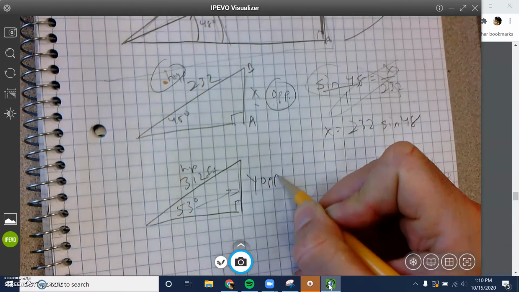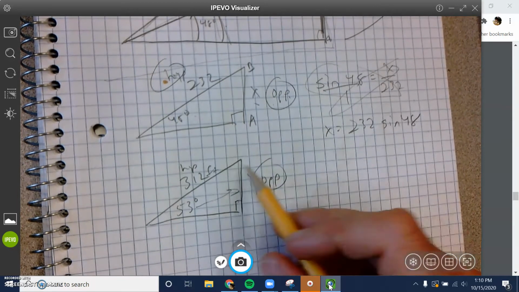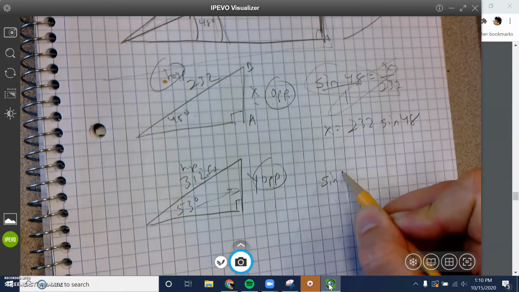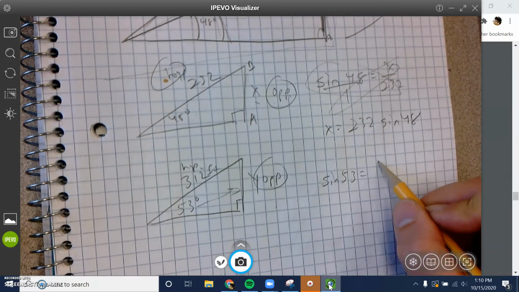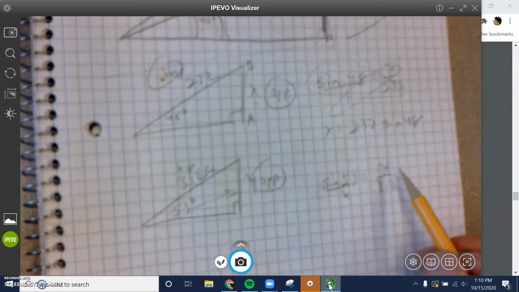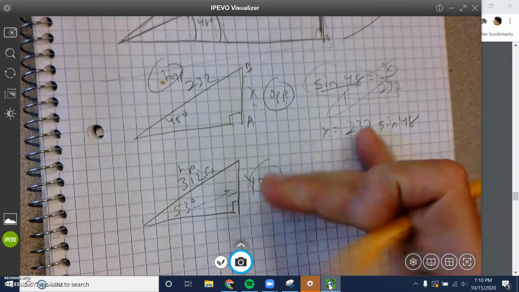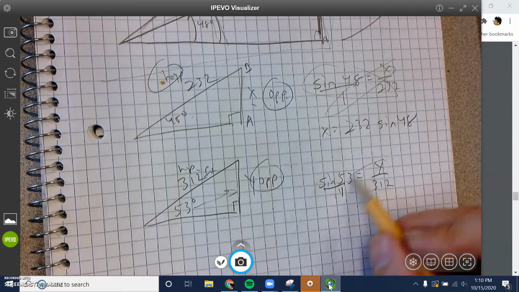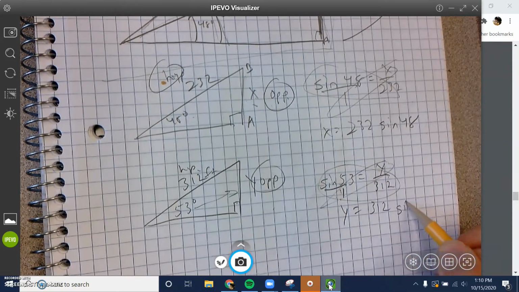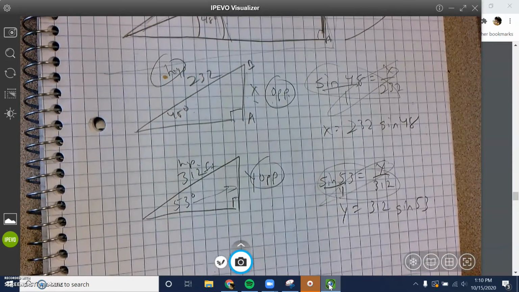This is opposite. I'm doing the same thing again. So opposite over hypotenuse. So what am I using? Yeah, sine of 53 equals opposite Y over hypotenuse 312. So Y equals 312 times sine 53.